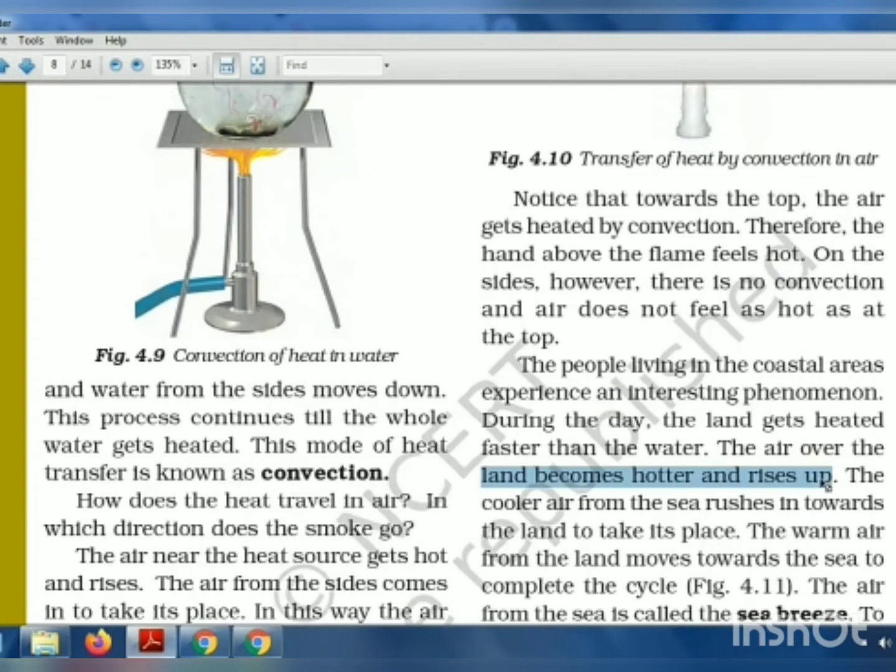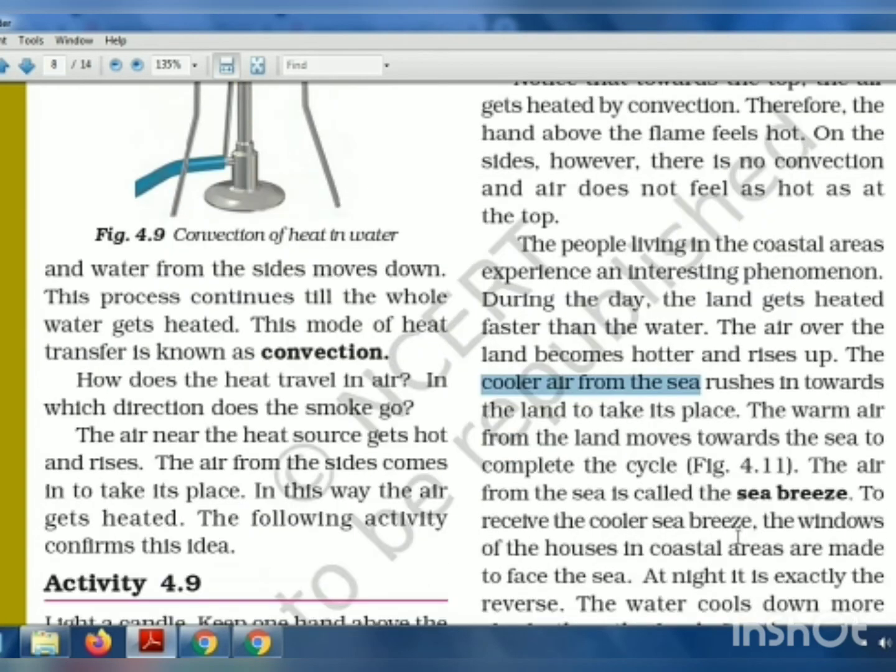So what happens when the hot air rises up? As water is not getting heated up very fast, the air above the water is cooler. So the cool air will rush from above the water towards the land to take its place. The warm air from the land moves towards the sea to complete the cycle.